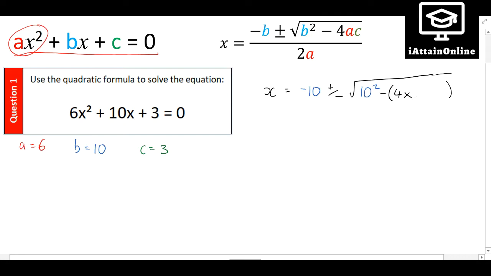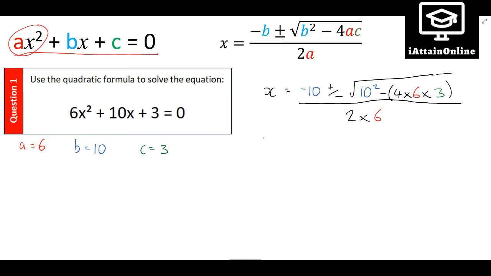We're doing 4 times whatever a is, so that would be 6, and we're multiplying that by whatever our c is, which is 3. Now, that is all over, so the line has to go right to the start next to the negative 10, and that's all over 2 lots of whatever a is, which in this case is 6.